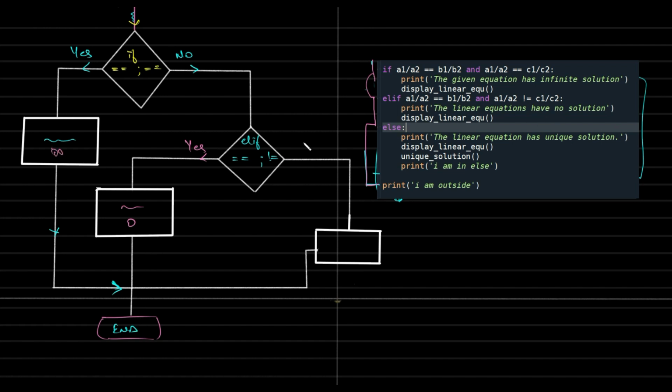This is infinite. And say these two are not satisfied. Then this particular code is not checked but directly executed, because we already know that if not infinite and zero, it has to be a unique solution. Okay, it's not that we have to have else in all programming places. No, it's not required. In this case, it makes sense to have else and the code, only when these two conditions are not satisfied.